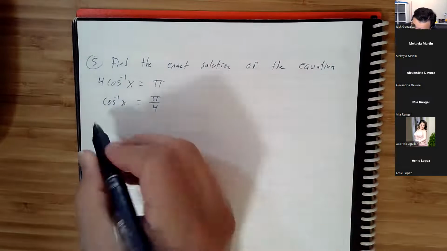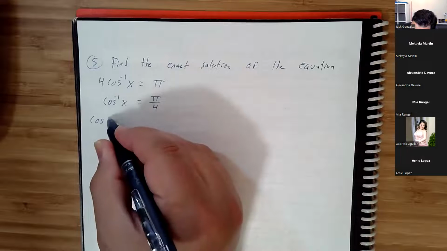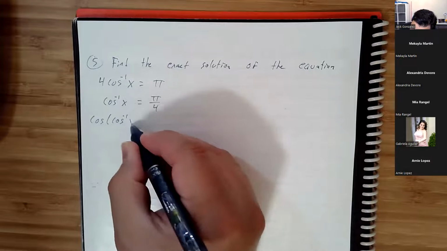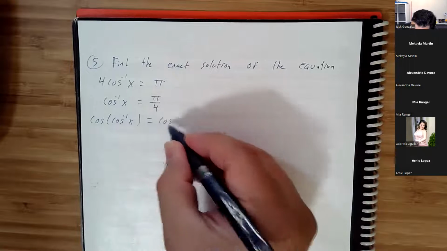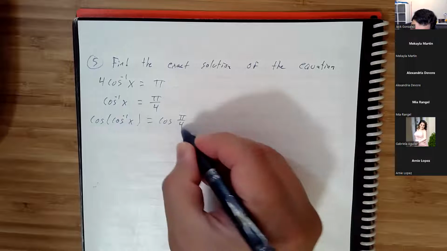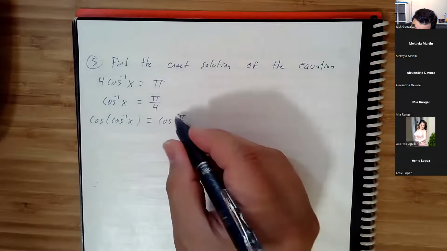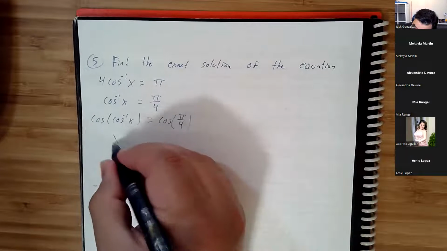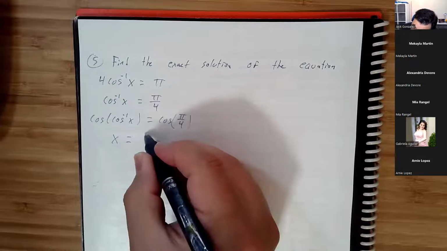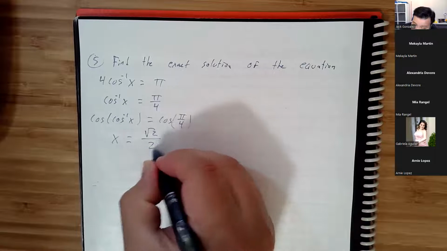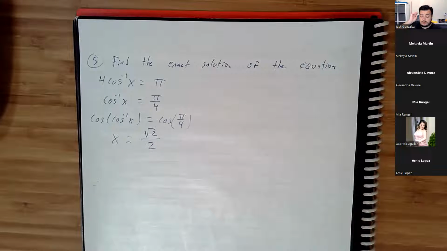Then do cosine on both sides to cancel the inverse. So x is equal to cosine of pi over 4 on your unit circle is √2 over 2. That's all there is to do there. The answer is B.